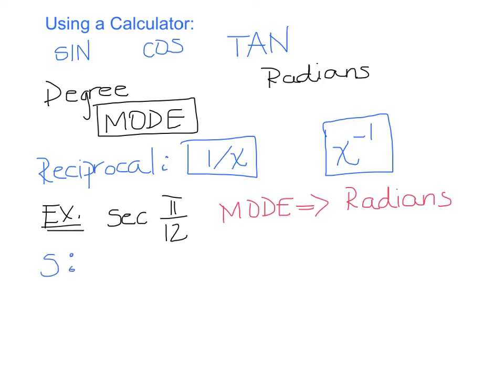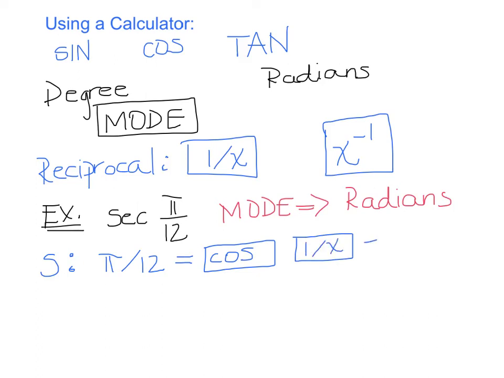After you change the mode, you're going to do pi divided by 12 equals. Then you're going to hit the cosine key, and then the reciprocal key. And that should give you your answer.